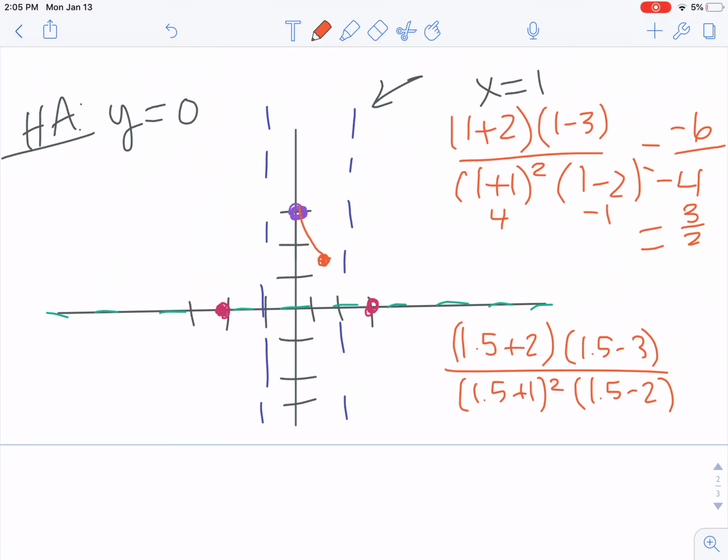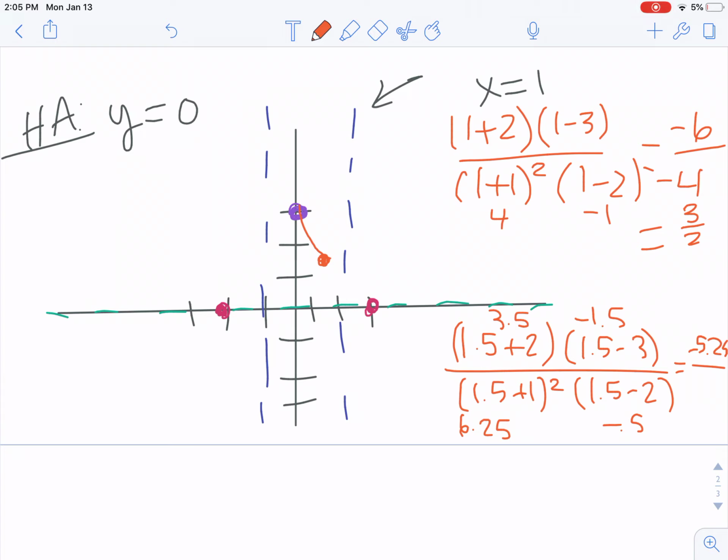So I get 3.5 times -1.5. So that gives me negative 5.25 on top. And on the bottom, you get 1.5 plus 1 squared. That's 6.25 times 1.5 minus 2, which is negative a half.